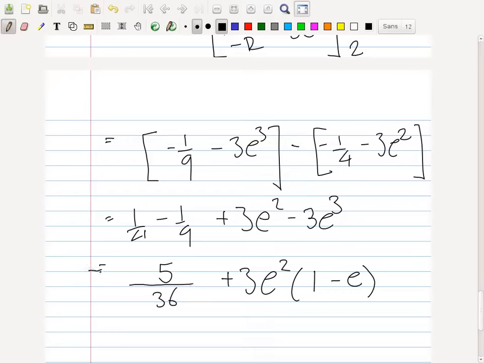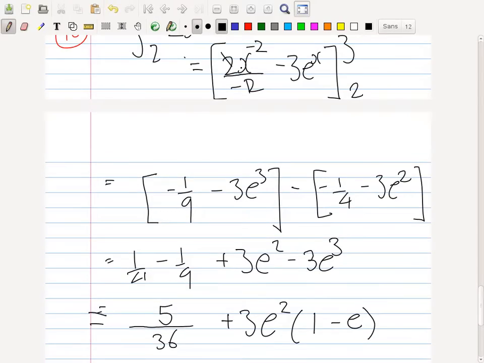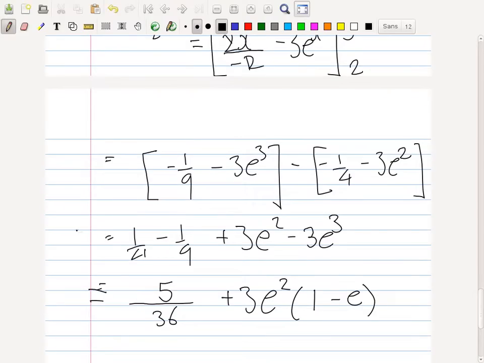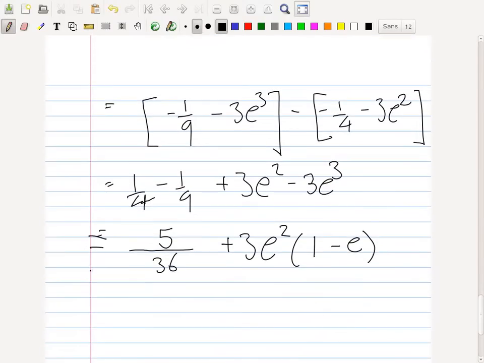Here's 1 over 4, yes, the bottom, this is a 4. Okay, so let's see what we get for this now. 5 over 36 plus 3e squared times 1 minus e.